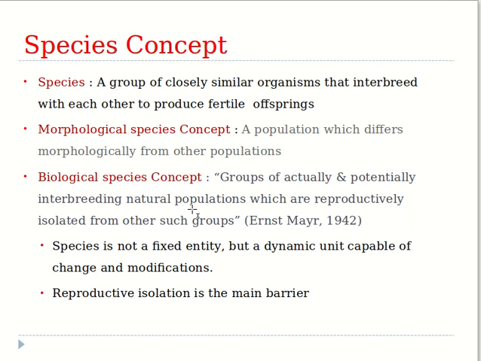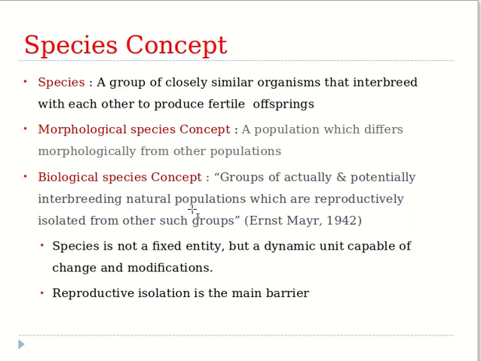Why is it an ecological unit? Because from the perspective of ecology, it is a part of the community, and as populations, they interact with each other in a community. So, these are the different concepts under biological species concept, but there are several shortcomings as well. Biological species concept holds only for sexually reproducing organisms, isn't it? Because here we are saying that only potentially interbreeding natural populations can form biological species.